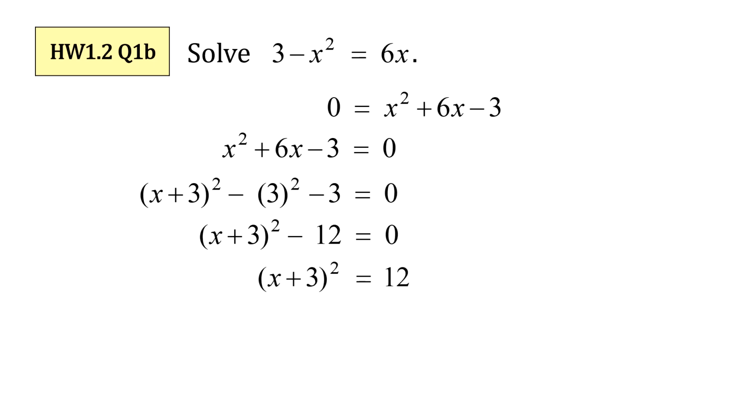Simplify. Keep the square term with the x on the left side, shift the constant to the right. Remembering that when I take square roots on both sides, there is a plus minus square root 12. Here are the answers to this equation.